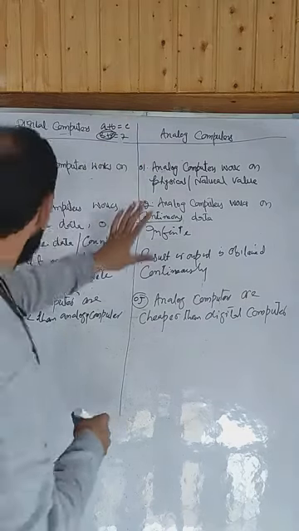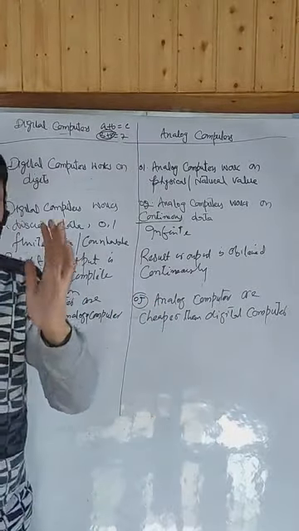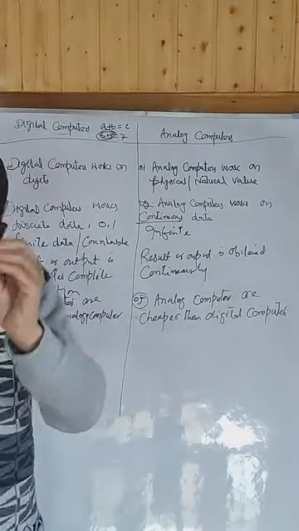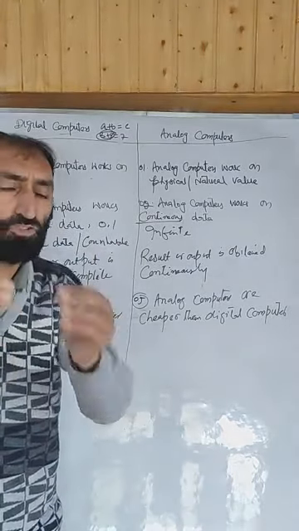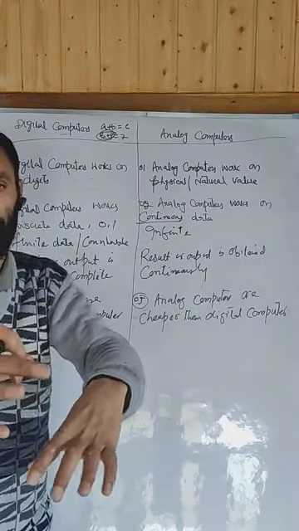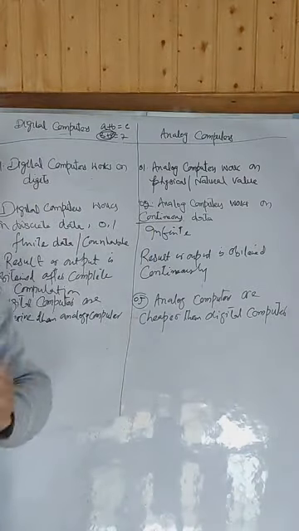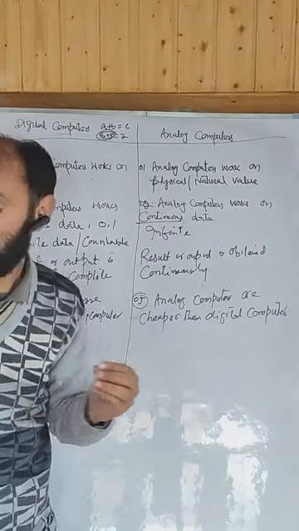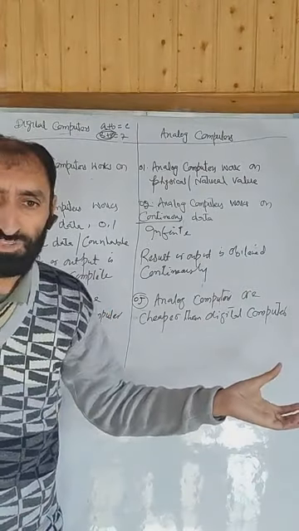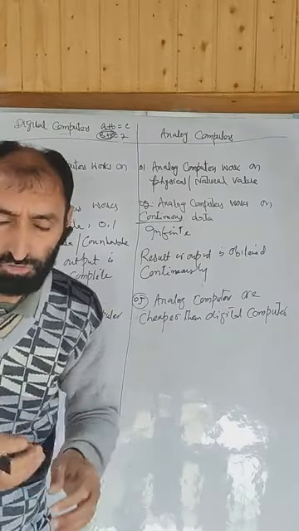In digital computers, the output is in a human understandable format. That means it is in the form of numbers. For example, a digital thermometer shows values you can easily understand.